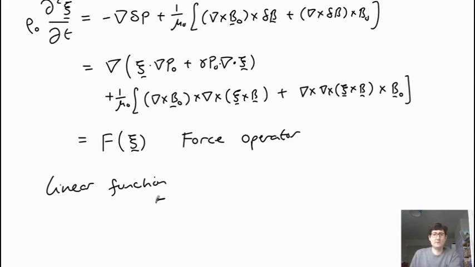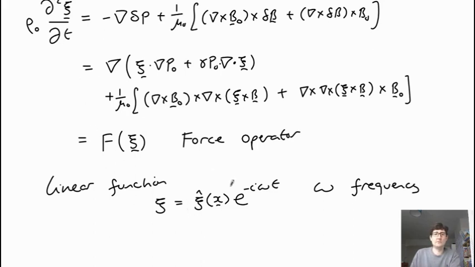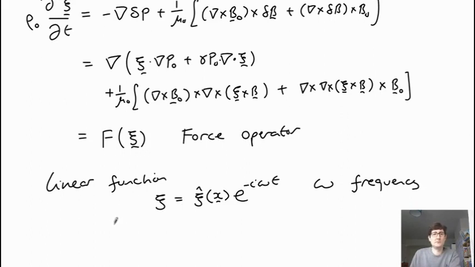And so you can write that psi is psi hat, which is just a function of space, multiplied by e to the minus i omega t, where omega here is the frequency. And so for the second derivative of psi, you just have a minus omega squared factor, and so you can write that.